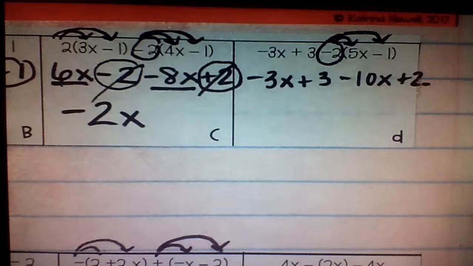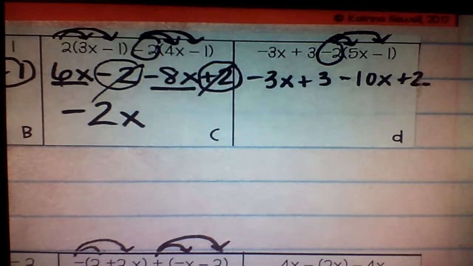Okay, so we took negative 2 times 5x, became negative 10x, and negative 2 times negative 1, and the negative times the negative. You good now? Okay. Anybody else? Listen, I do this every day, and if I go too fast, I need you to say, stop, repeat.